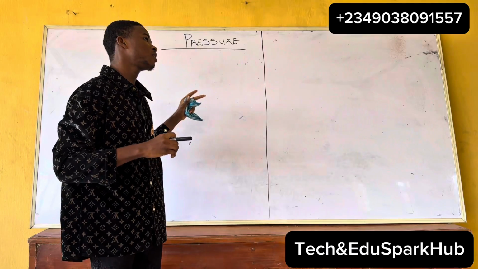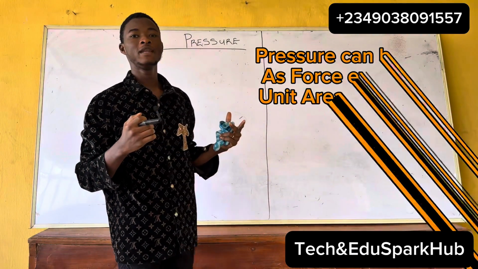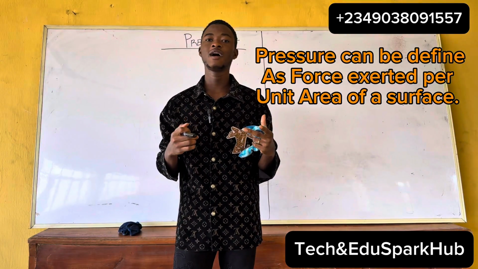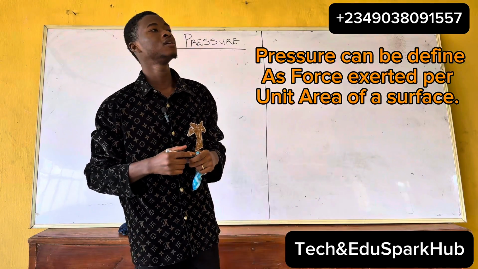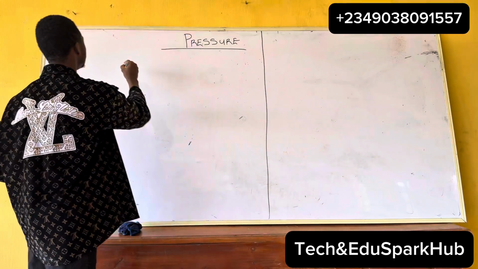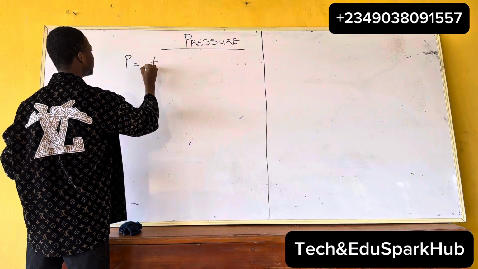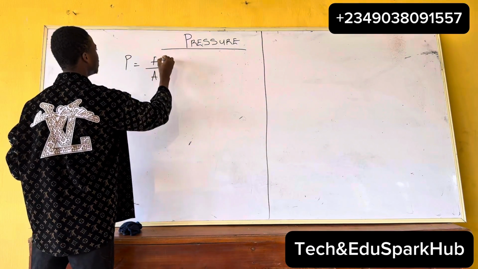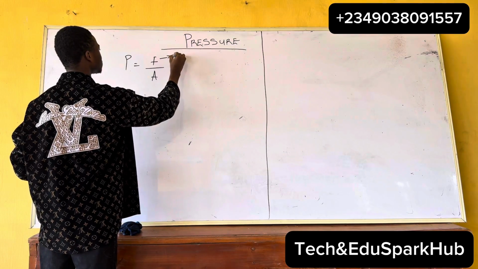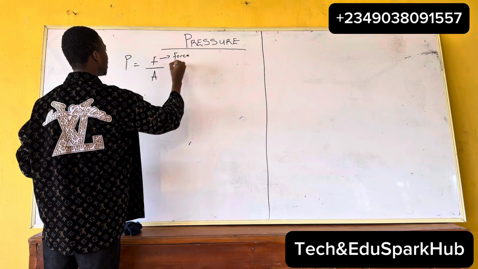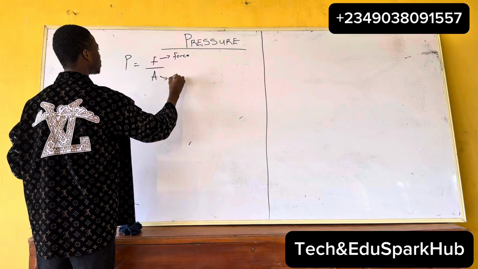From the definition of pressure in a solid, pressure can be defined as force per unit area exerted on a surface. So mathematically, pressure, which is P, is denoted as force, which is F, per unit area of a surface. This F stands for force, and this A stands for area.